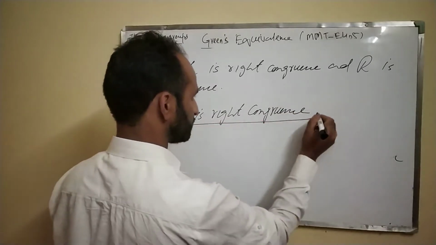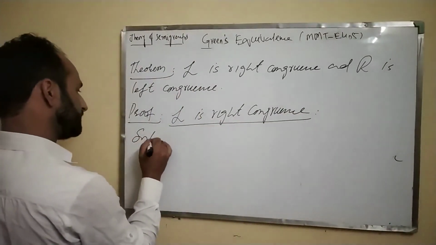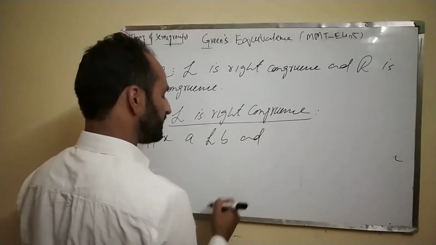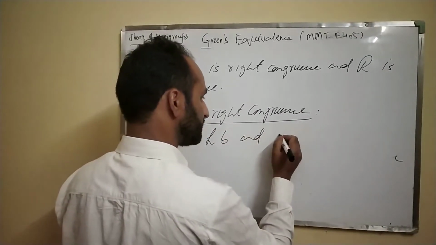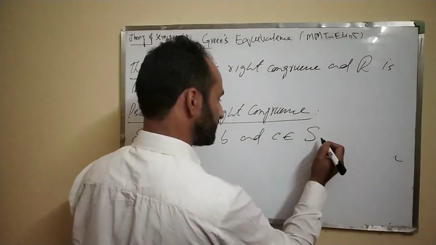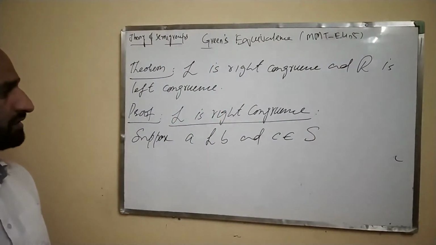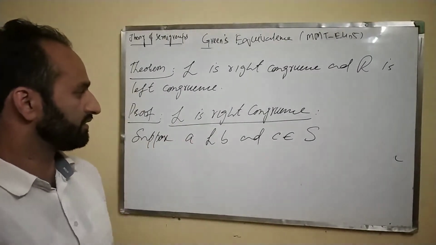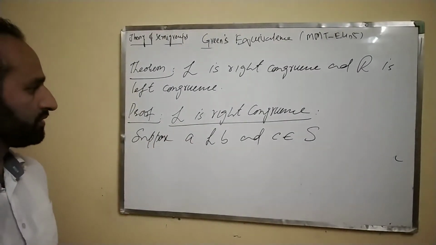Suppose A is L related to B, and let C belong to S. We have to show that AC is L related to BC.